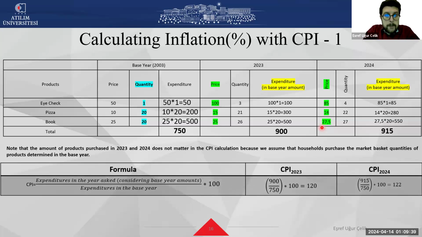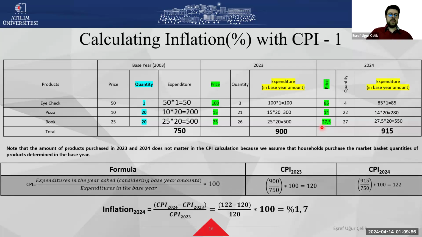Then by calculation of inflation, the mechanism again the same. In the previous question, we take the GDP deflator, but this time we take the CPI by using the percentage change formula. Let's look at that formula part.